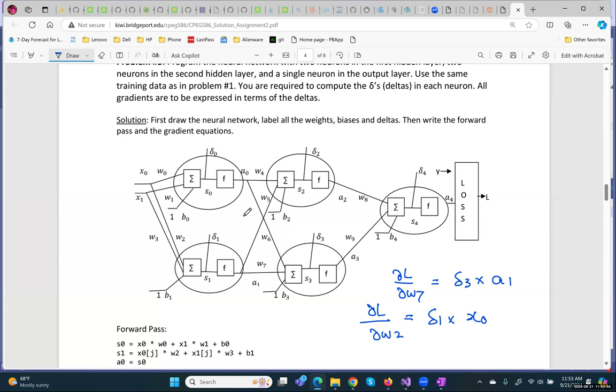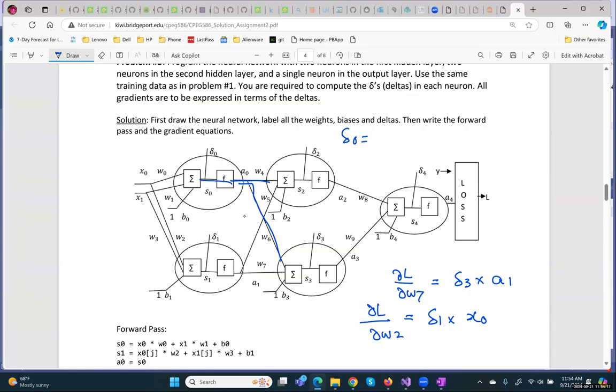So anyway, like I said, the slight complication is when you have multiple paths, right? As we discussed, to calculate delta 0, it's getting a contribution from delta 2 as well as delta 3, because you'll see there's a path going over here from this neuron. There's a path going over here. Both of these will contribute to this delta 0.